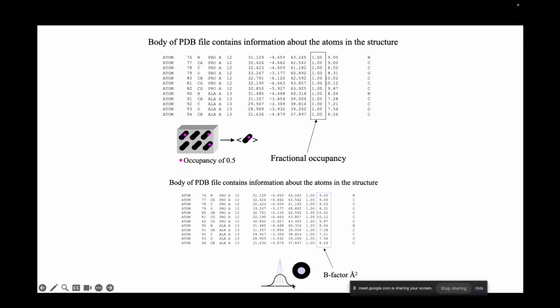But if you have a lot of variance in your B factor, the boundary of the variability increases to the black one. So intuitively, it is telling you whether the atom is stuck in that location or slightly moving around.